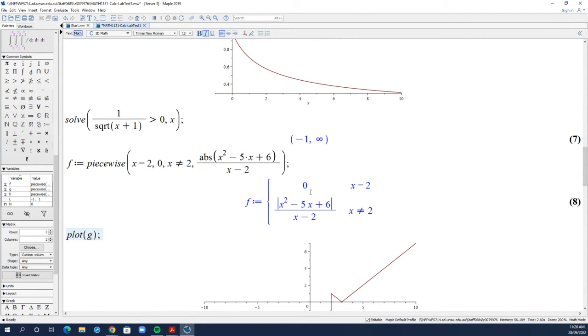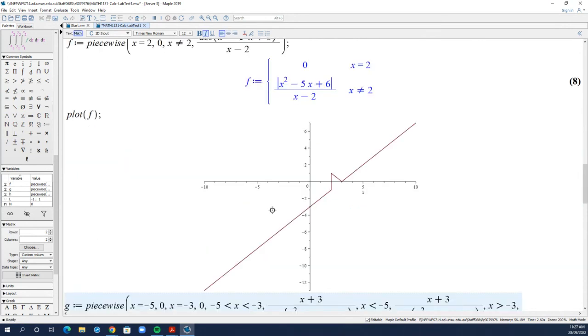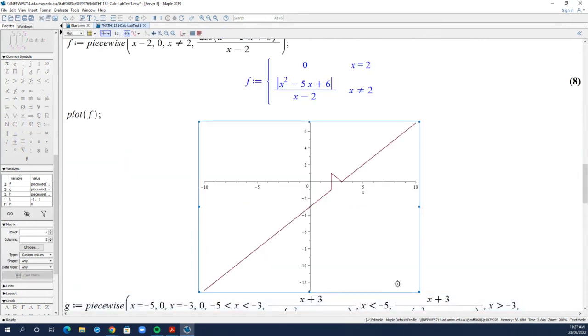That looks right, looks consistent with the information I'm given. And one of the easy ways to do this is just to use the plot command, right? So here you can see it's sort of like a linear function up until x equals 2, and then it jumps, all right? This vertical line is not part of the curve. It's just something that Maple does.